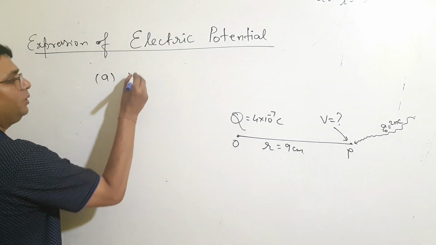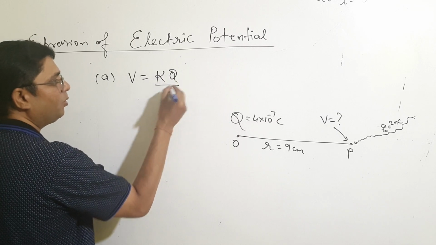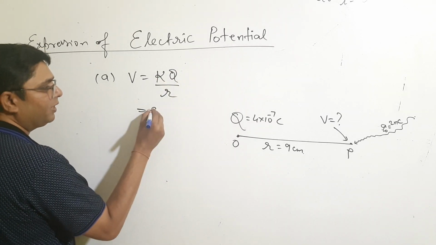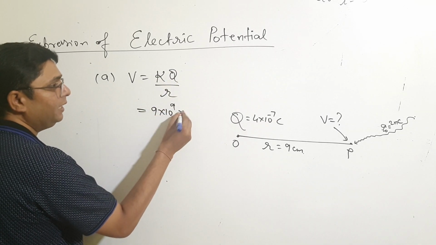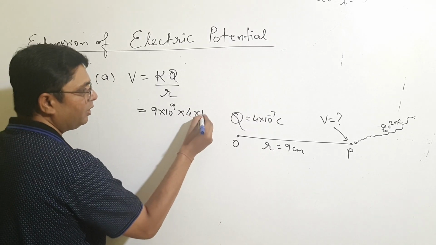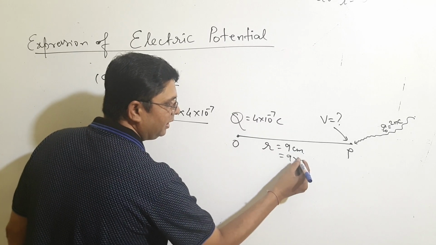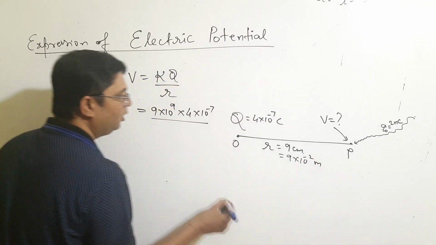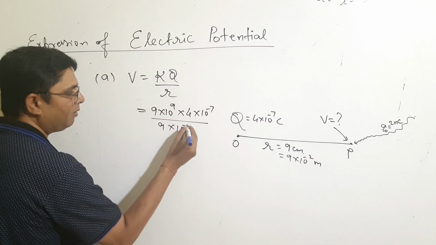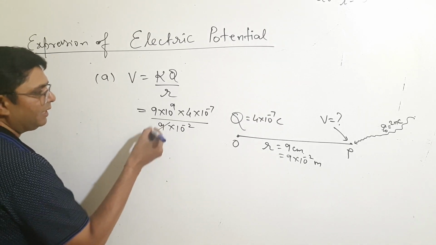So potential V is equal to kq upon r. The value of k is 9 into 10 to the power 9, and the value of q is 4 into 10 to the power minus 7. Here it is 9 centimeter, which means 9 into 10 to the power minus 2 meter. The 9 will cancel out.